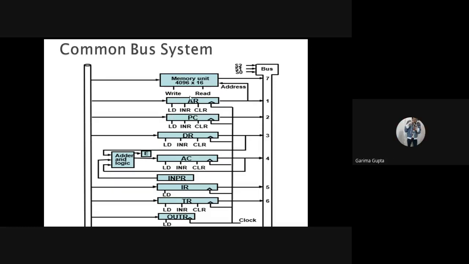The next control input is the INR. INR stands for increment. So what do we mean by increment? Suppose the content of address register is all zeros, and I say increment, it will increment it by 1.